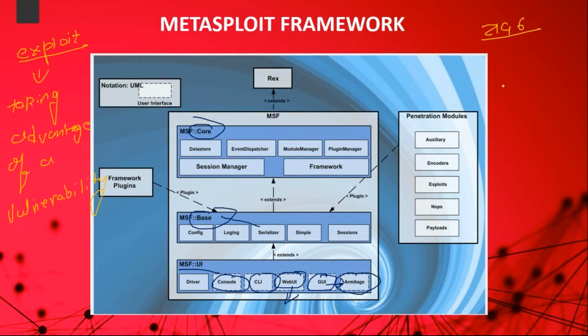If there is a loophole, you are just taking advantage of a loophole in that. Vulnerability means a loophole. Now if you found that there is some software bug, or there is some port open, let's say there is a port that is listening for connections, let's say port number 4444.